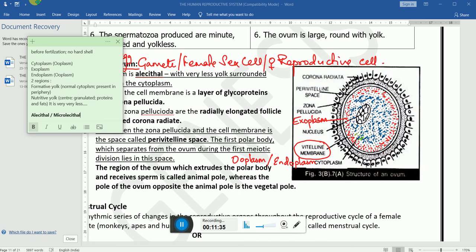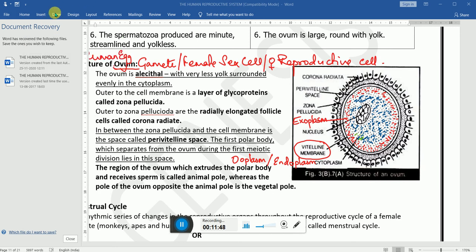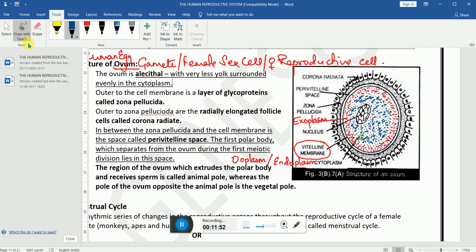Another thing that you have to remember, students, is this particular, once again, I'll try to see if I can work with my pen.